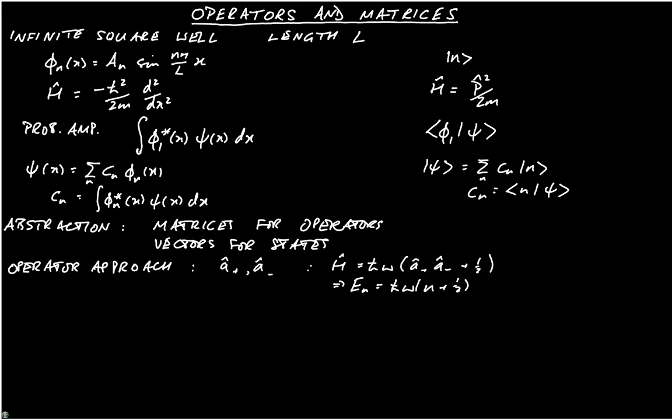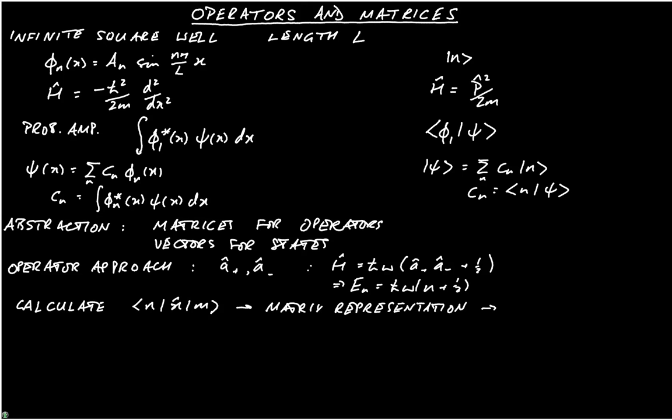More than that, you can calculate various matrices. For instance, you can calculate the expectation value of the position operator between two different basis states, and that leads to a matrix representation without explicitly calculating the eigenvectors.